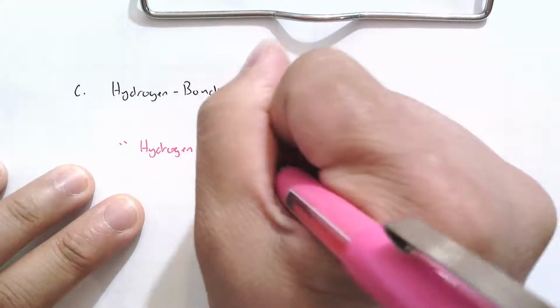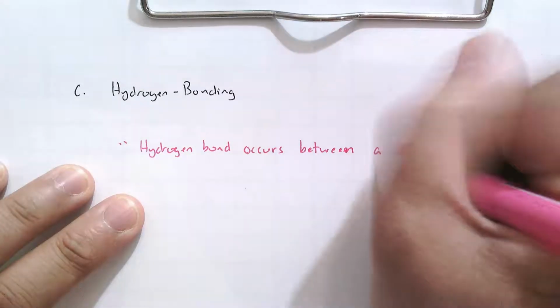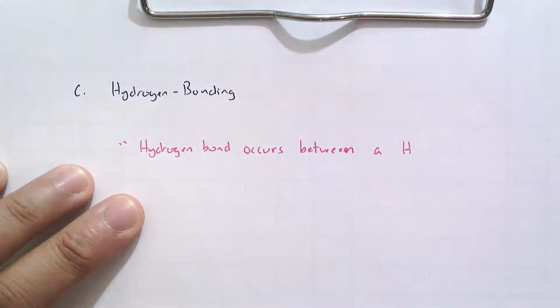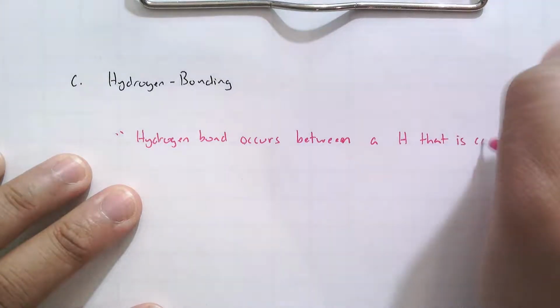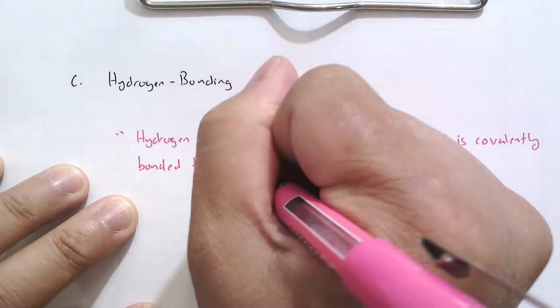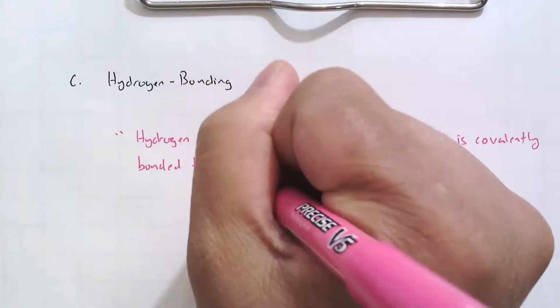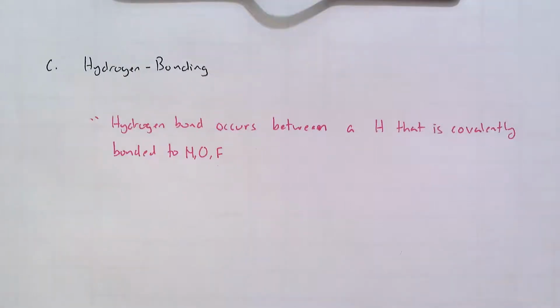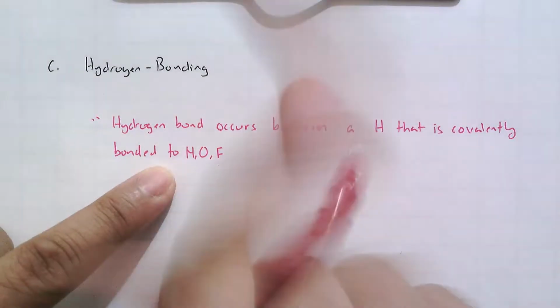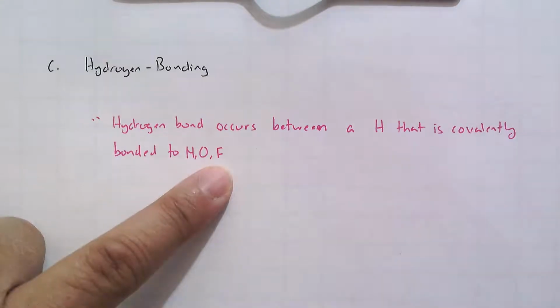It's a dipole-dipole interaction, and a hydrogen bond occurs between a hydrogen that's covalently bonded to N, O, and F. Those 3 atoms. And then that hydrogen that's covalently bonded to N, O, or F intermolecularly bonds to another N, O, or F.